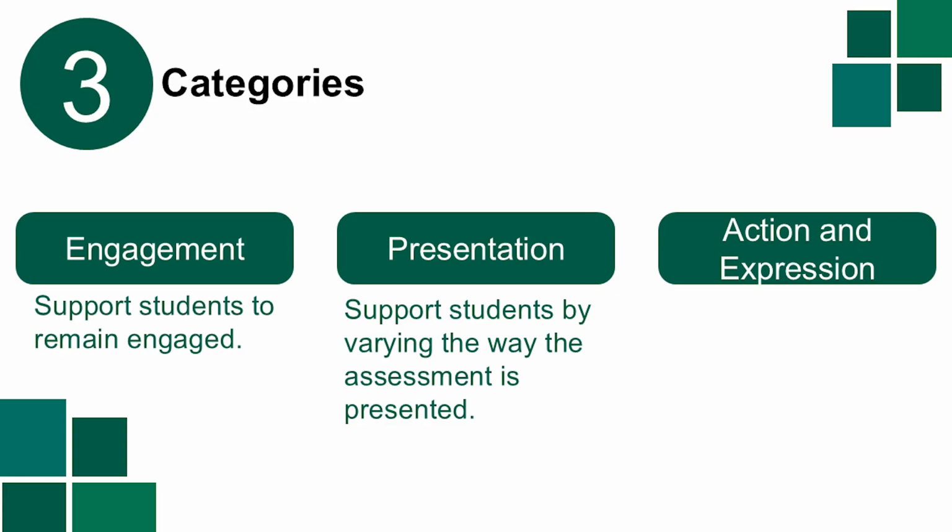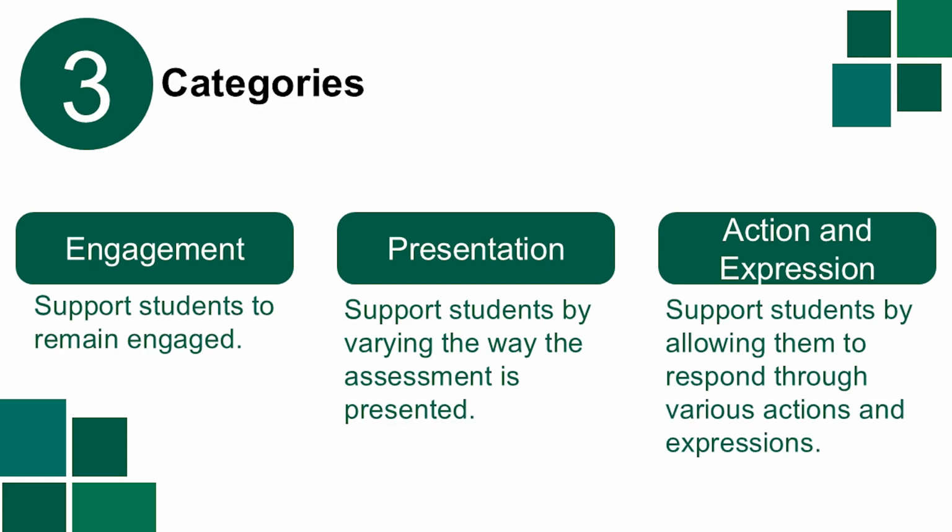For example, all or parts of an assessment might be translated for an English learner, or parts of an assessment might be read aloud to struggling readers through text-to-speech. And finally, there are resources that support students by allowing them to respond through various actions and expressions. For example, an adaptive keyboard, or using a scribe.